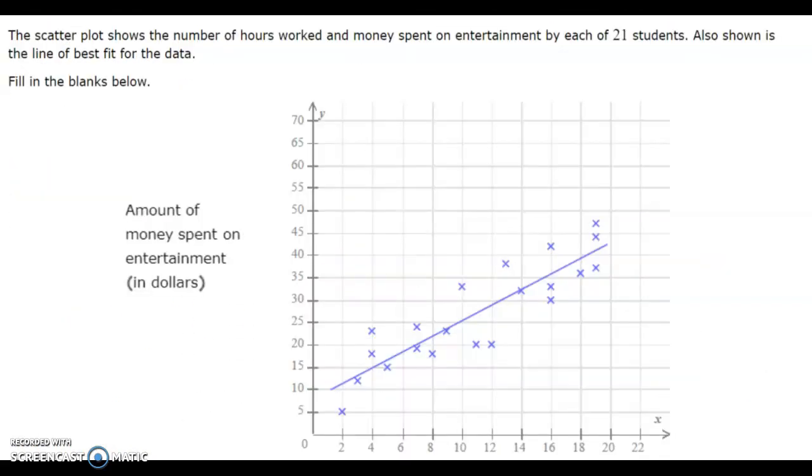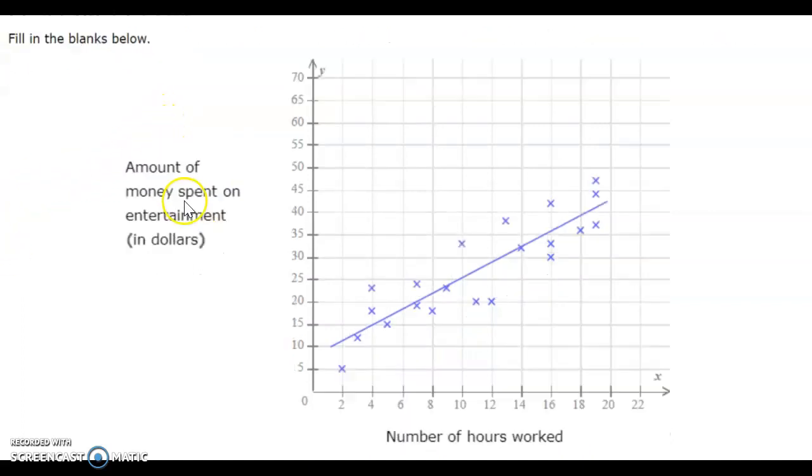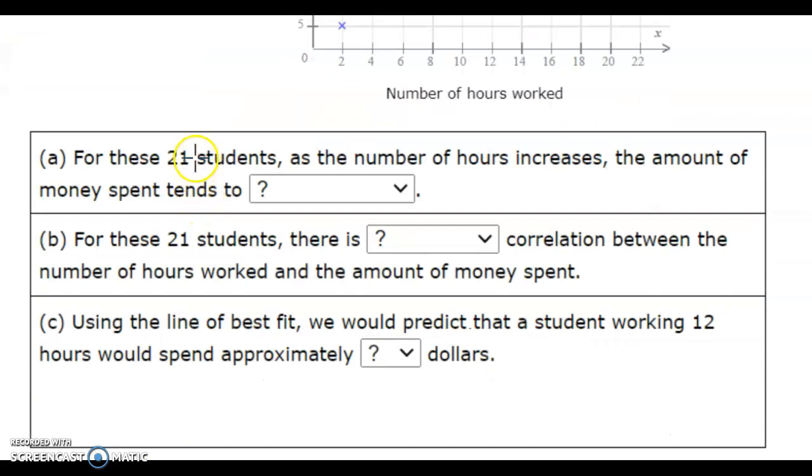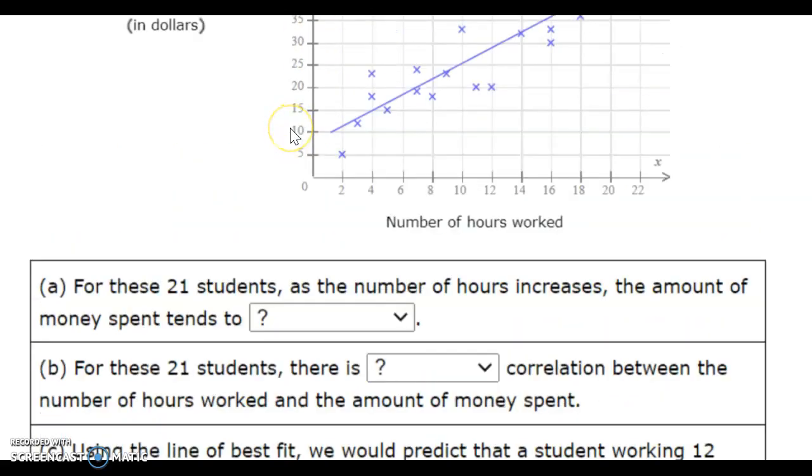So here, when you actually have that line of best fit already given to you, you're asked to fill in the blanks. When all you have is a graph and a line of best fit, you are using that line of best fit for approximations, okay? So here, when they say, for these 21 students, as the number of hours increases, the amount of money spent tends to what?